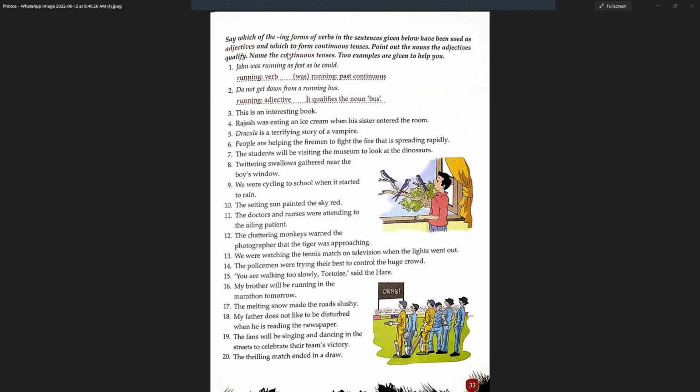So who can tell me the tense this sentence belongs to? Past continuous. How do you know? Correct. How do you know that this belongs to past continuous, not present continuous?